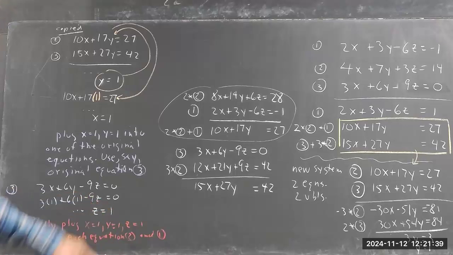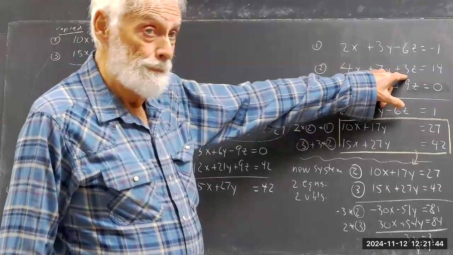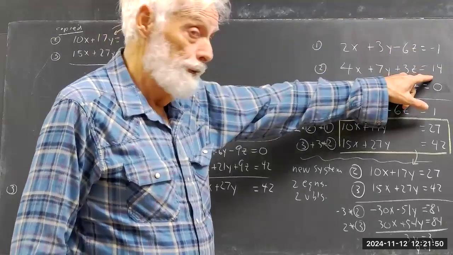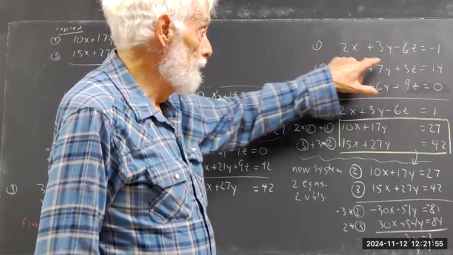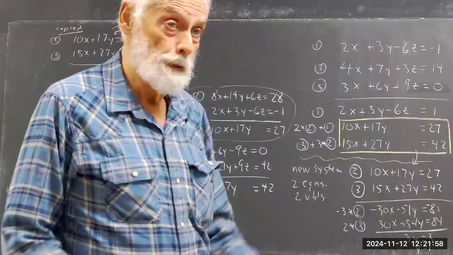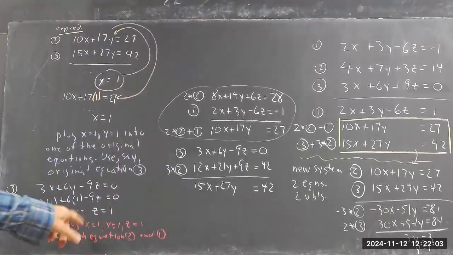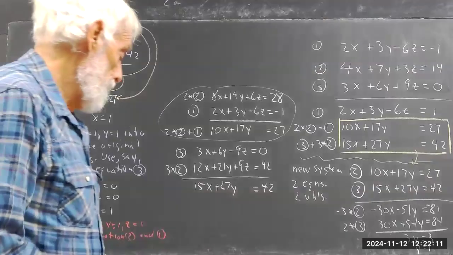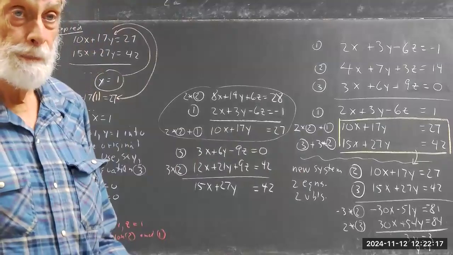In other words, if x, y, and z are all 1, then this is going to be 4 plus 7 plus 3, right? And 4 and 7 is 11 and 3 is 14. It works. And you're going to get 2 plus 3 minus 6. That's 5 minus 6, which is negative 1. Now I chose to write out 3 equations where the solutions were all 1, because it was easy for me to get it right. They won't all be that nice, but you're going to see examples. The process is always the same.